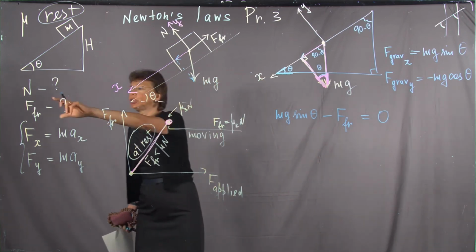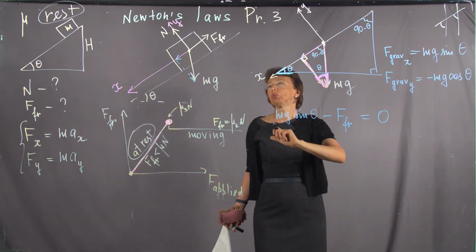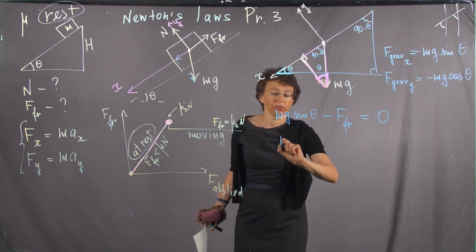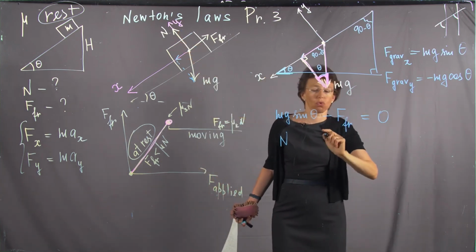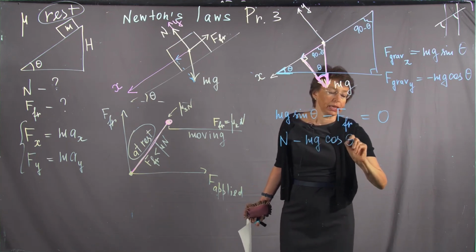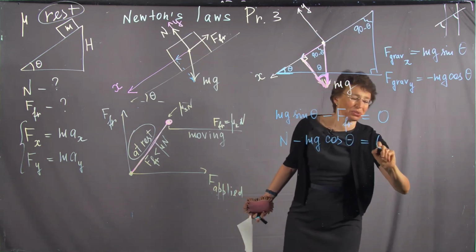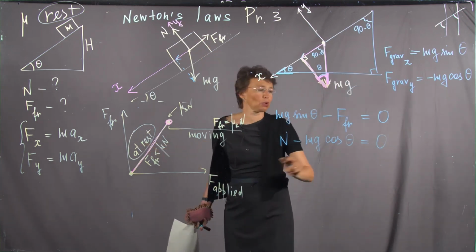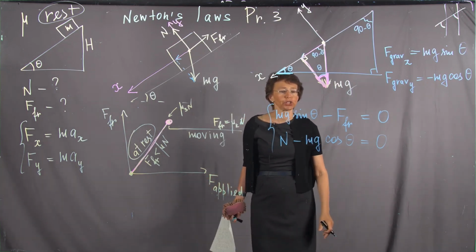But I also need normal force. That's why I will write F sub y. What is the net force in y direction? I have normal force minus y component of force of gravity, mg cosine theta. And the block is not jumping perpendicular to inclined plane. a sub y is also 0. The block is at rest. So I have two equations, two unknowns.